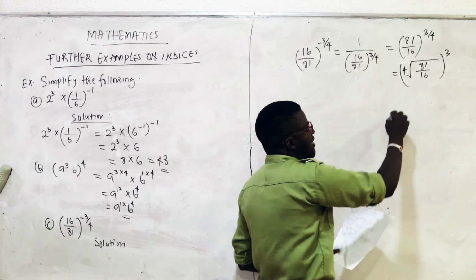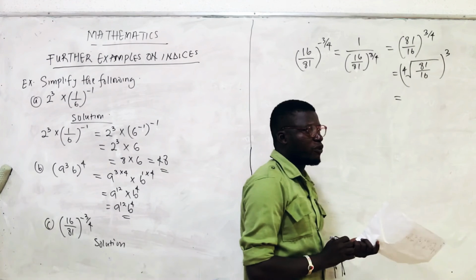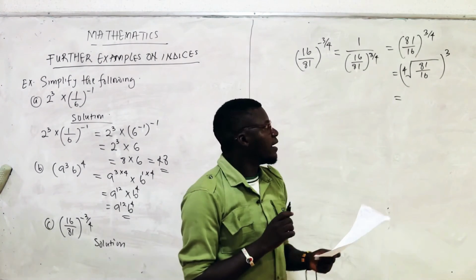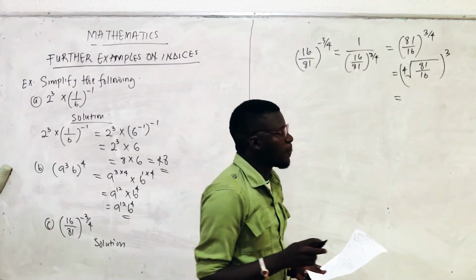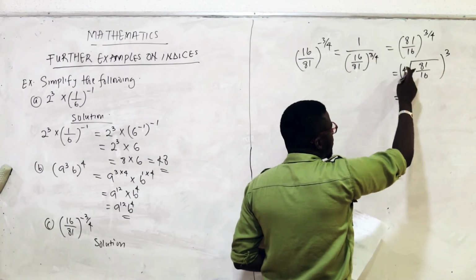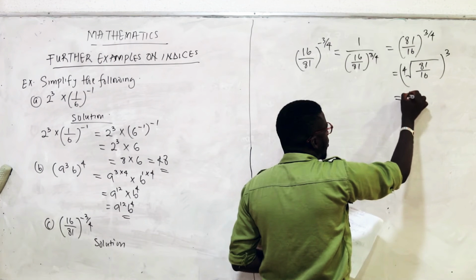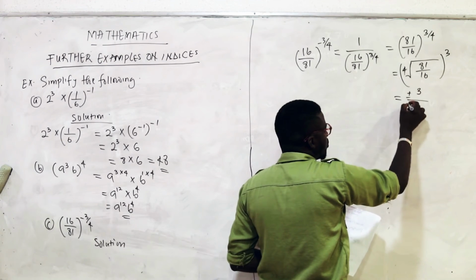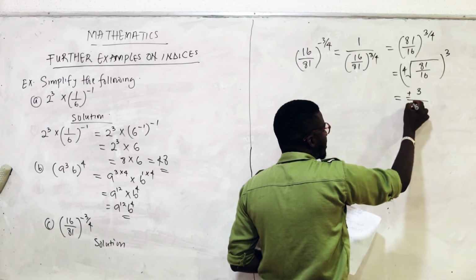If I'm looking for the 4th root of 81, the 4th root of 81 is plus or minus 3, while the 4th root of 16 is plus or minus 2.